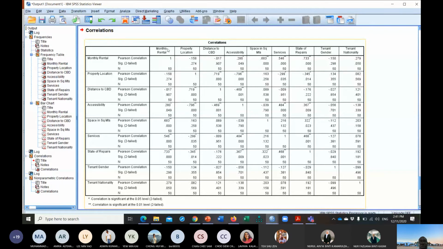So let's look at monthly rent correlating with monthly rent. That's why you have 1, and that's a perfect correlation. Normally, if you are correlating an item against itself, it gives you a perfect correlation. Look at property location correlating with property location, you have 1.